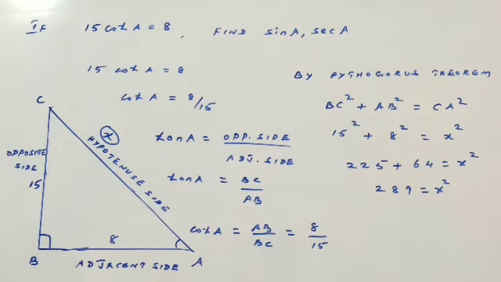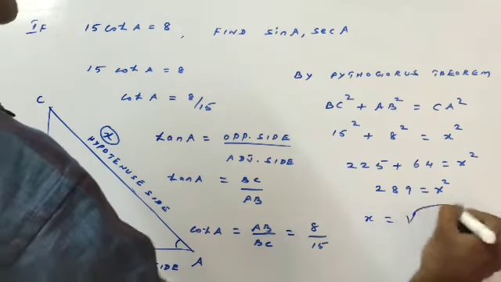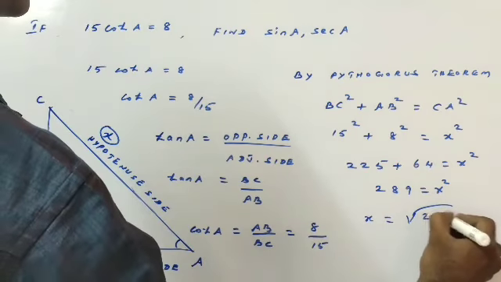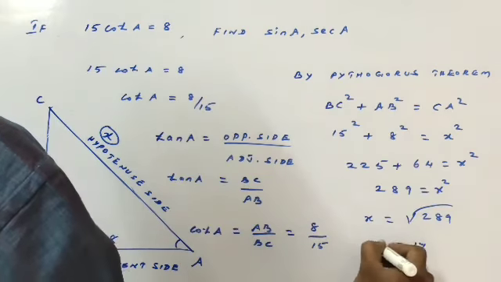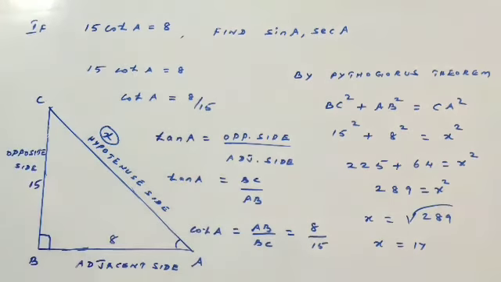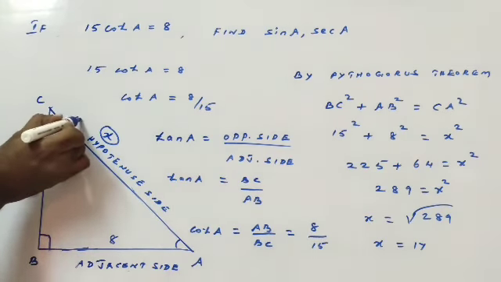Now we need the value of x. So taking square root for 289, it gives 17, plus or minus 17, but we need only take the positive value. X is 17. So the side CA value is 17.